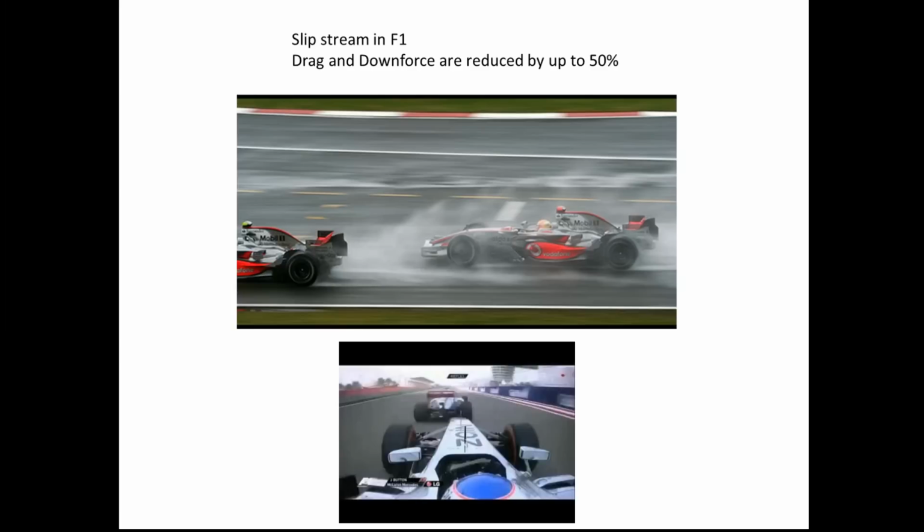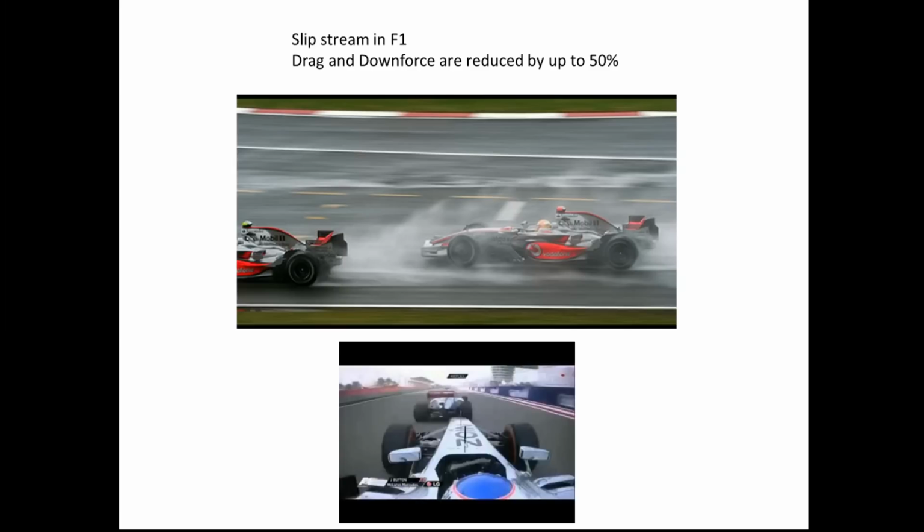Obviously, if you lose 50% of your drag, keeping in mind you have to be really close to the first car to do that, you can imagine the speed advantage you get. We are talking 20, 30, or 40 kph if you would carry on following that car. Obviously, you have to offset yourself at some point, and the drag is increasing again.